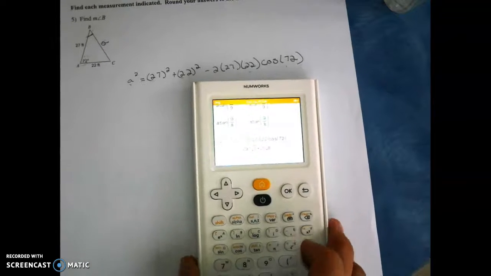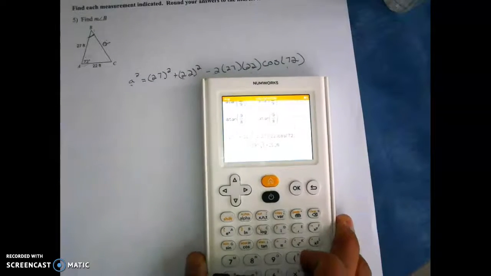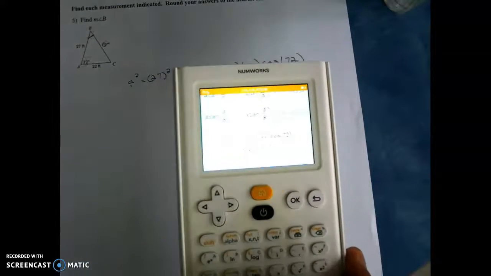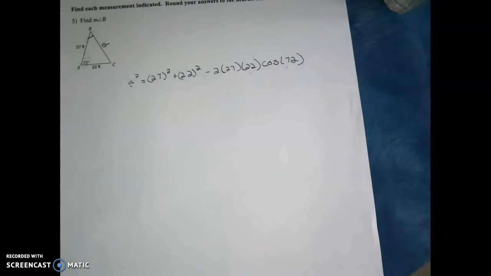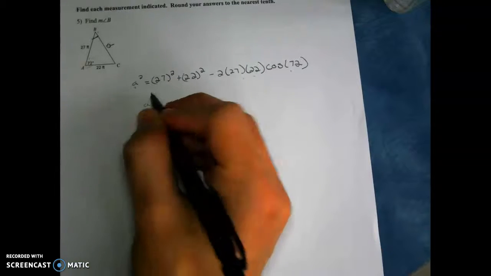So here I get 845.8878. I can't get the camera to focus here.